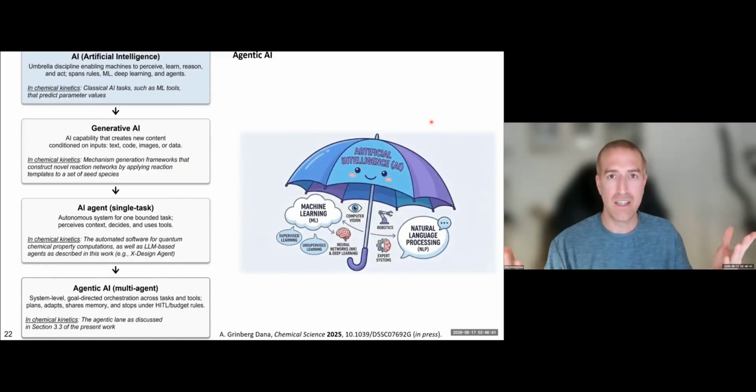We all know what AI is, but just to be formal, let's standardize the jargon and the definitions. So AI, artificial intelligence, that's the umbrella discipline in computer science. That's what we call classical AI tasks like machine learning tools and so on.